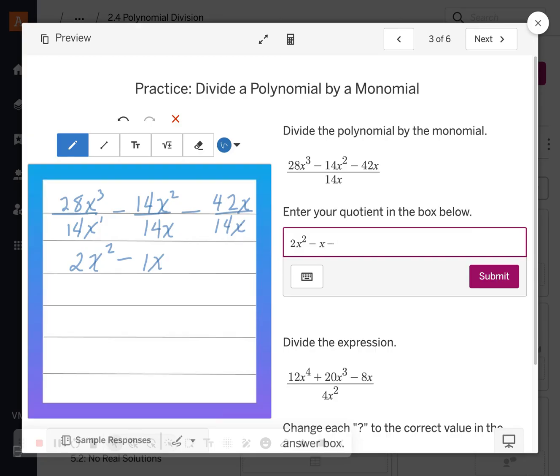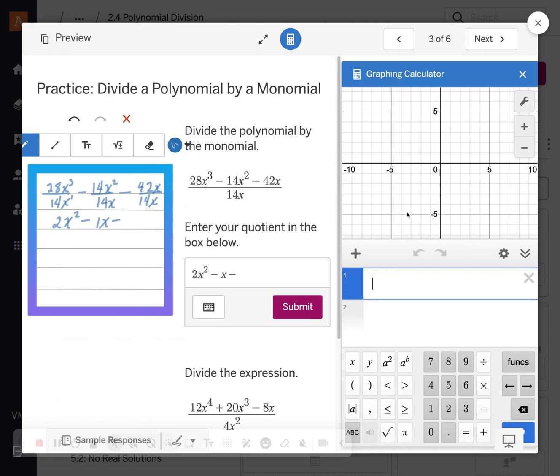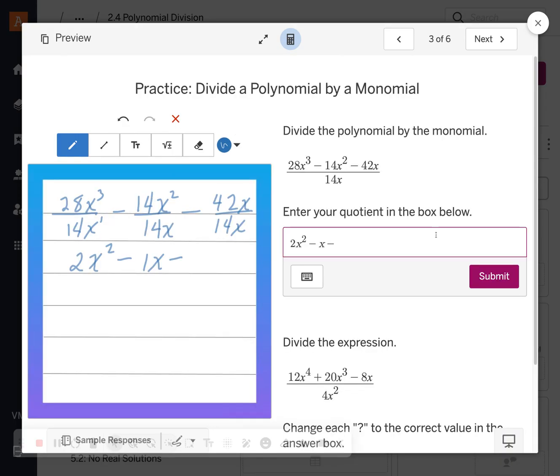And then we have 14 is a factor of 42. 42 divided by 14, if you didn't know, we could use this calculator, is 3. So this is going to be 3 as my constant term because x and x cancel out. So my quotient is 2x squared minus x minus 3.